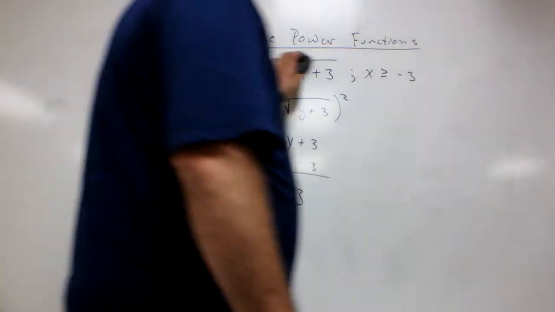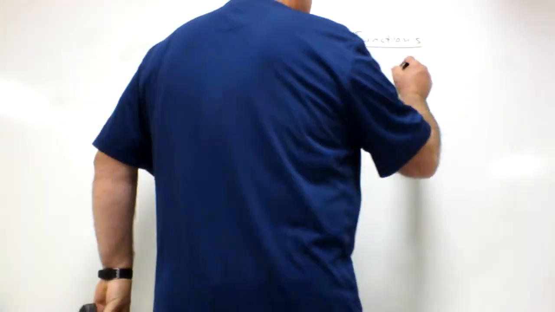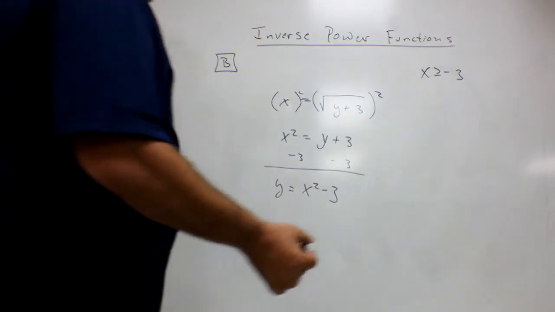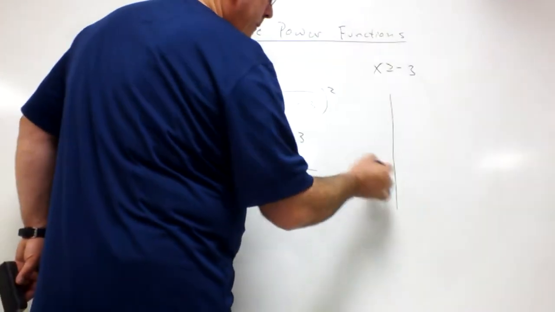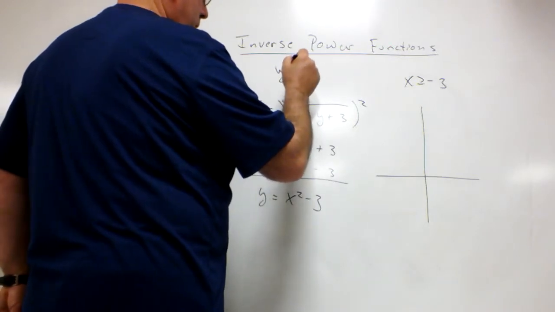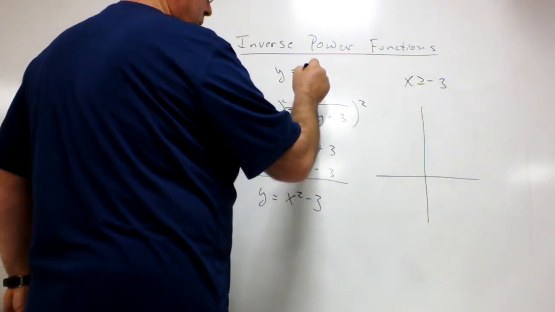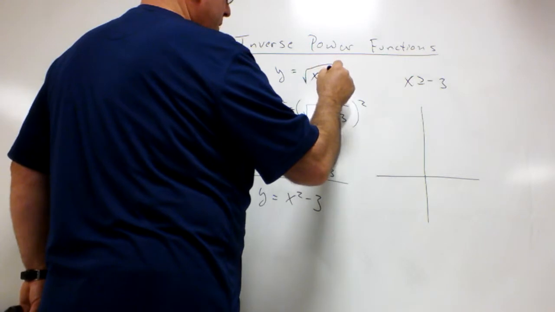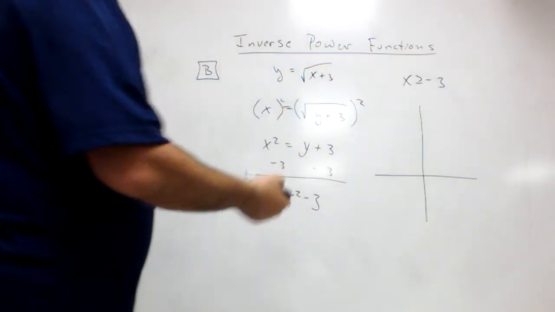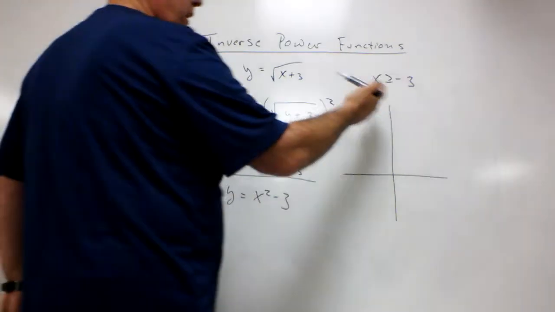Now the interesting thing here is that we wanted x to be greater than or equal to negative 3. So if we look at the original function, if we're going to graph y equal to the square root of x plus 3, with x greater than or equal to negative 3, then we're only taking part of the graph, right?